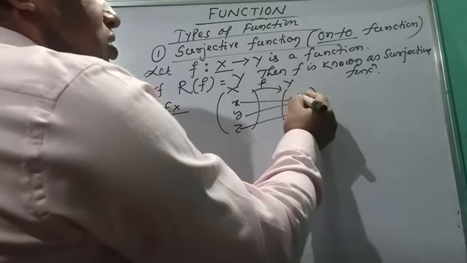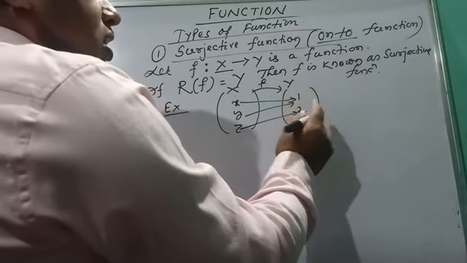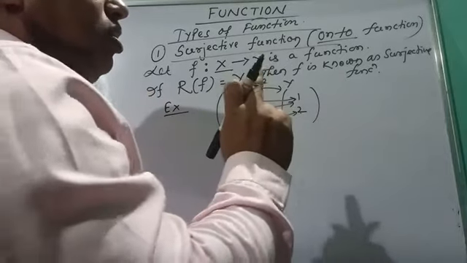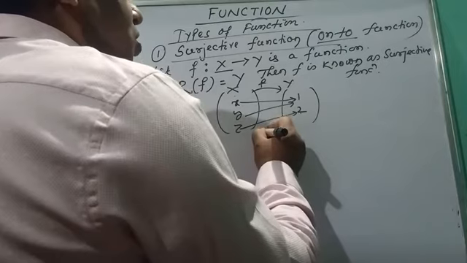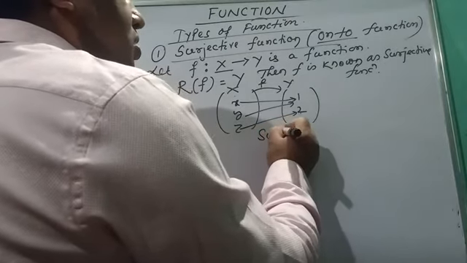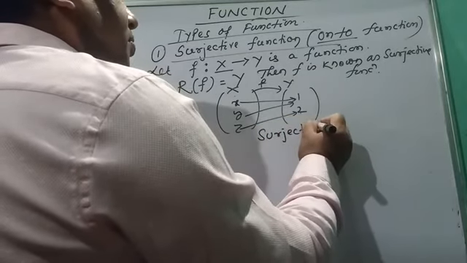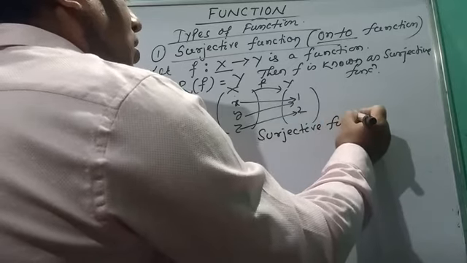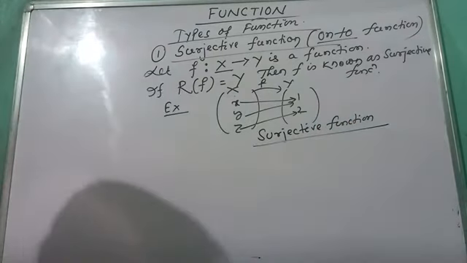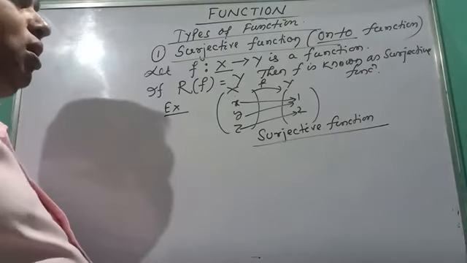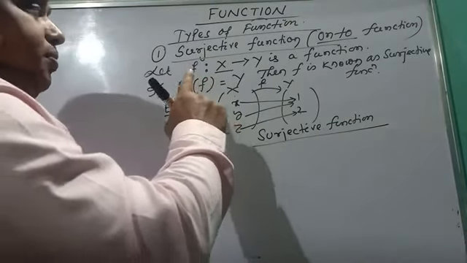The range of F is 1 and 2. There is no element left in Y outside the range of F. So this function is known as a surjective function. Do you understand about surjective?